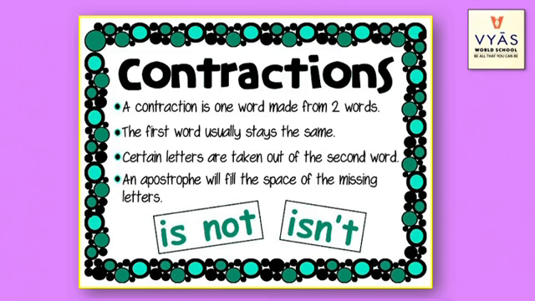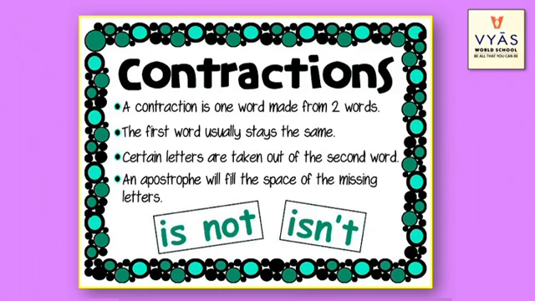The third point is that certain letters are taken out of the second word. Now we omit a few letters from the second word, and in place of those missing letters, what do we place? We place an apostrophe. So the fourth point is that an apostrophe will fill the space of the missing letters.